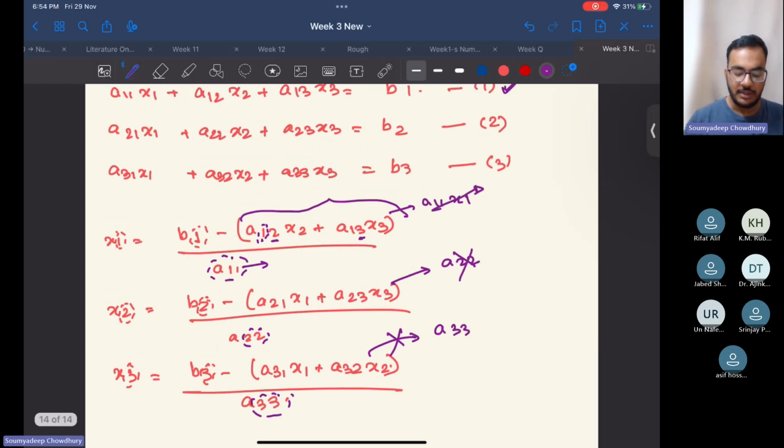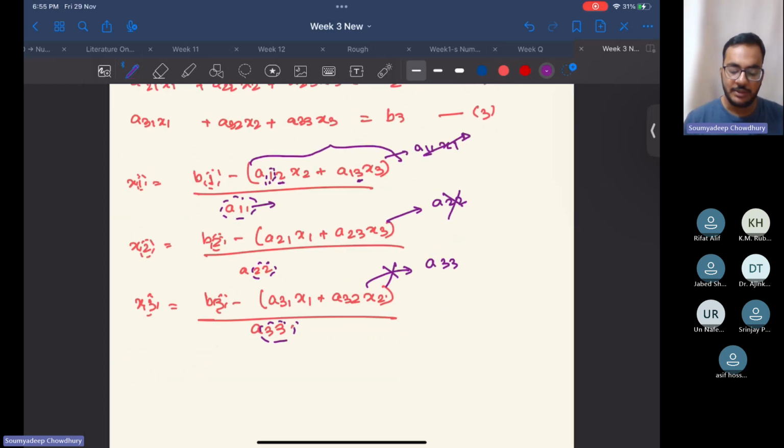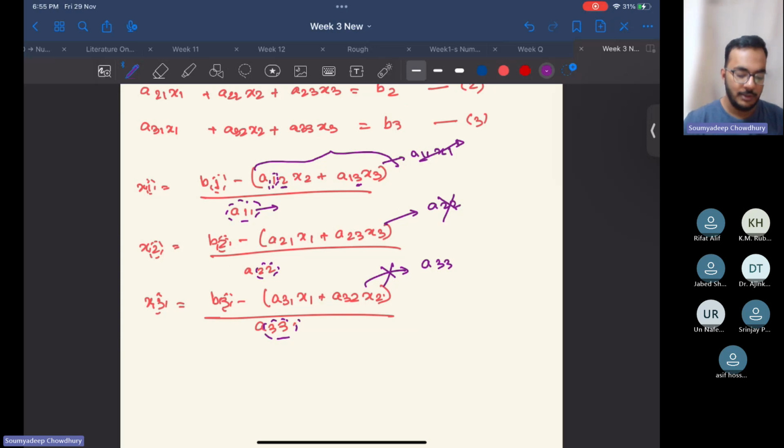If you see these three equations, you have to find a generalized expression for xk. So is it possible? We'll see here.